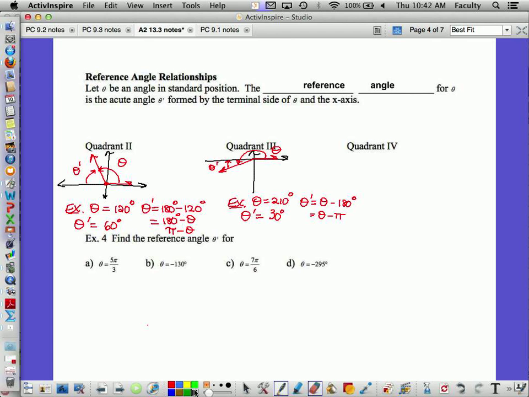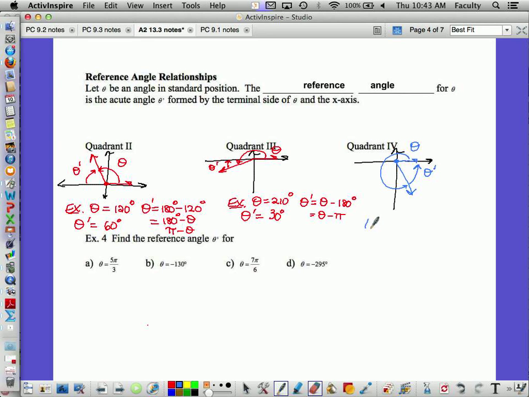All right, let's try the last one, which is the fourth quadrant. So if I'm going to draw an angle, that's a pretty blue, isn't it? Like, wow, that's a pretty color. So then this one, theta prime is always from the terminal side of the angle to the x-axis.